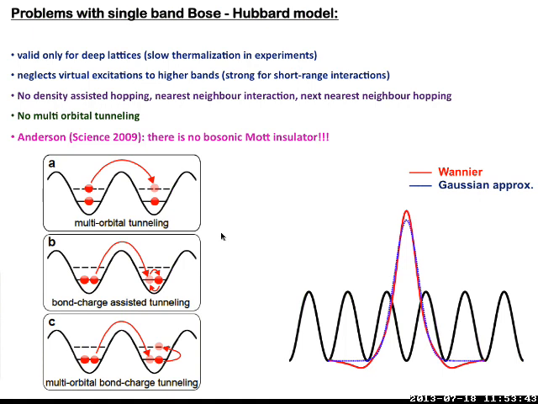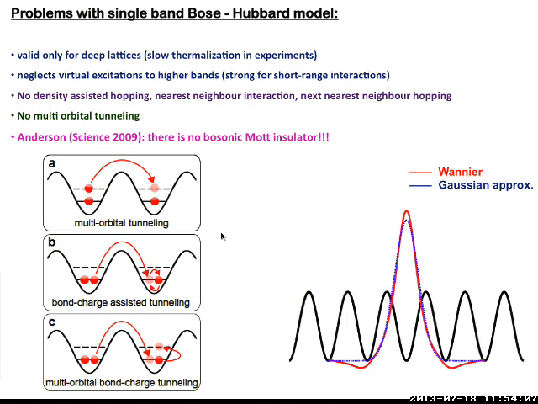Yes, it goes exactly, exponentially to zero. All right. So I think Anderson's argument was that there's going to be exchanges between neighboring sites. And that's of course true, but just because there are exchanges doesn't mean that you can get long range coherence. You get short range coherence, but not long range.